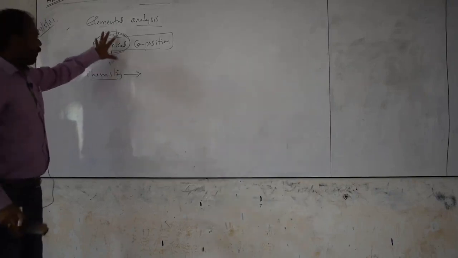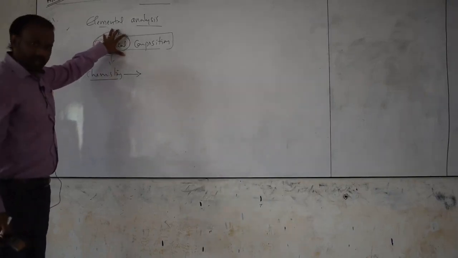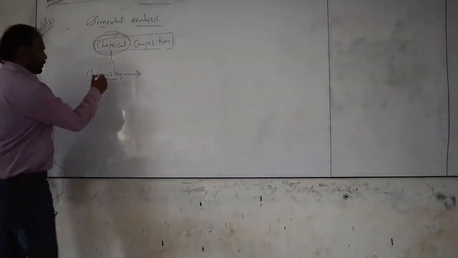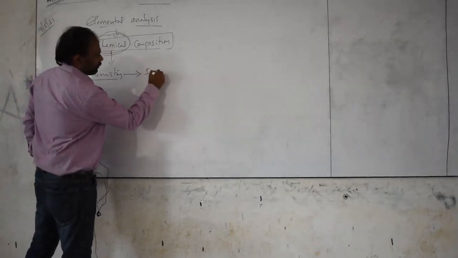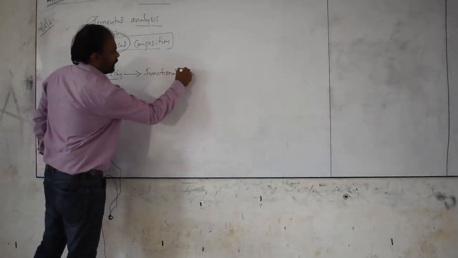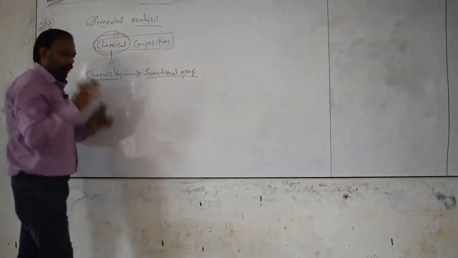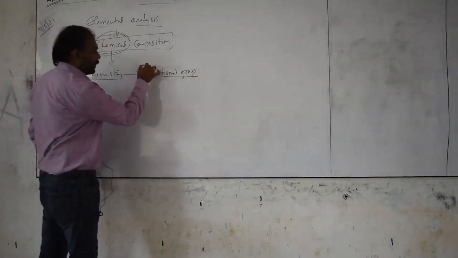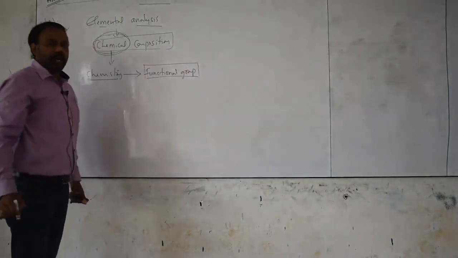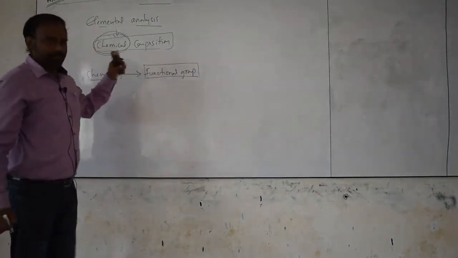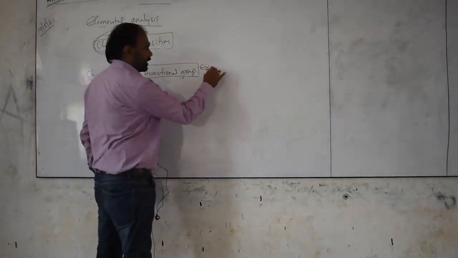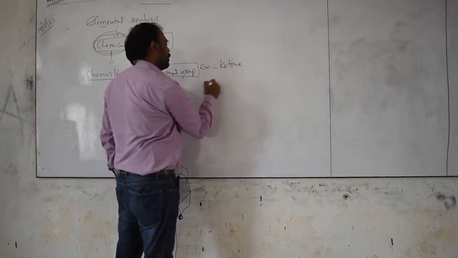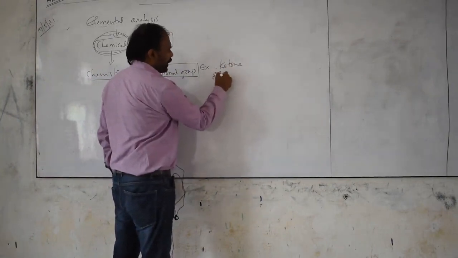Do remember, according to the chemistry point of view, he is going to understand their functional groups. Please do remember this. We are always concerned with what the different functional groups present in a given chemical are. Some examples I can write for you: ketone, and the other one is the aldehyde group.